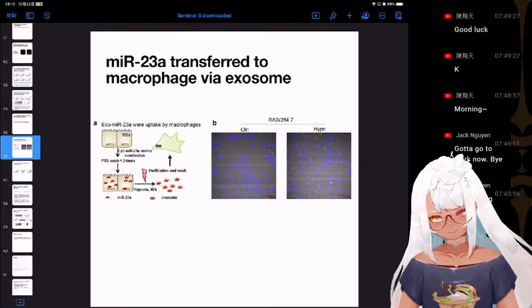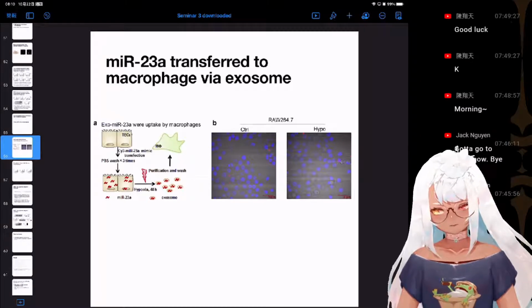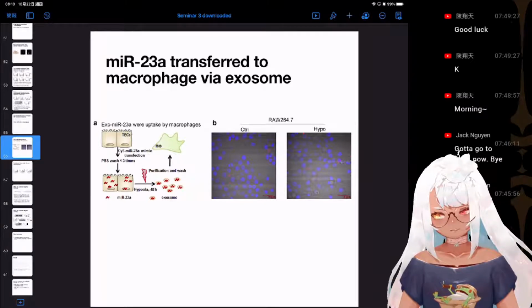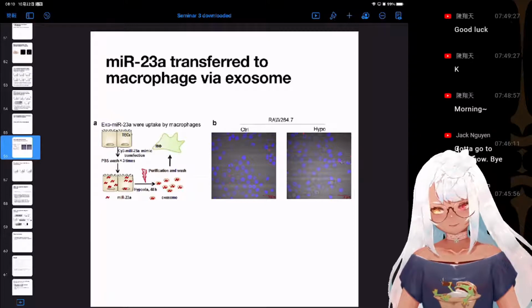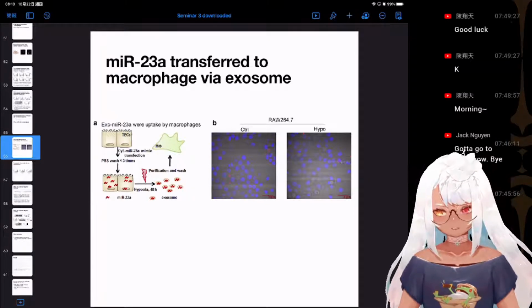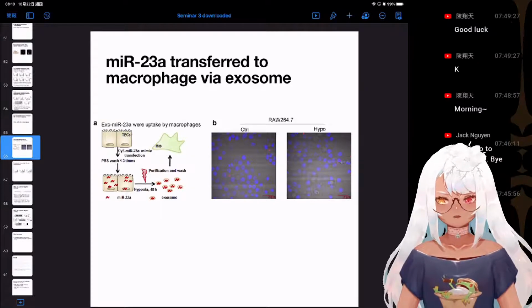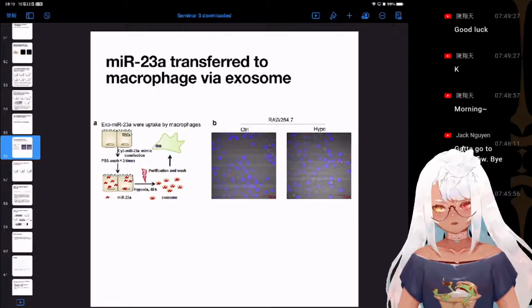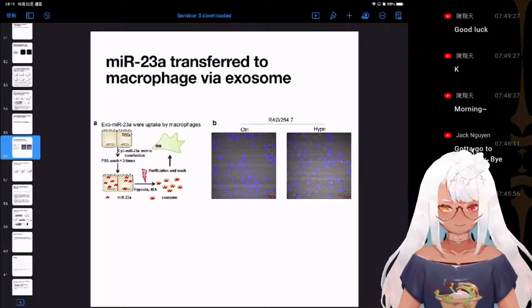TECs containing these CY3 mitochondria mimics will then undergo hypoxia for 48 hours. Then the exosomes are purified using differential centrifugation and applied on macrophage.